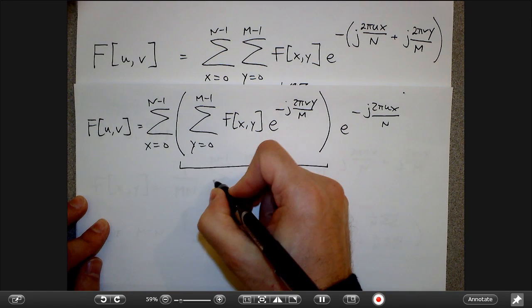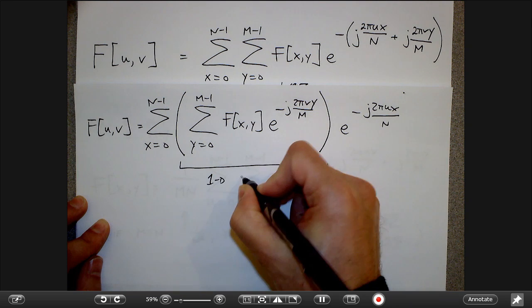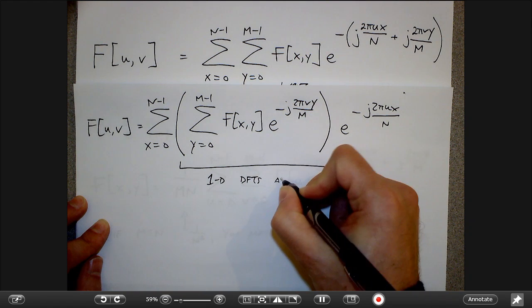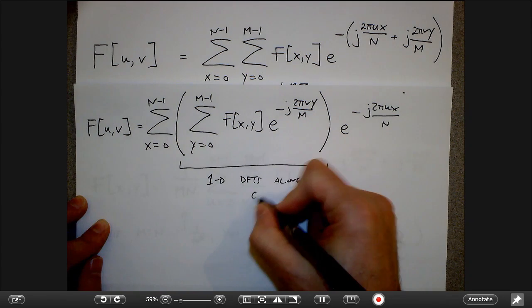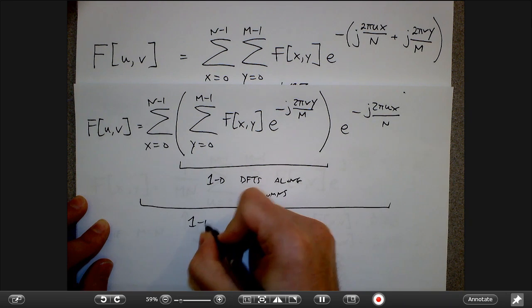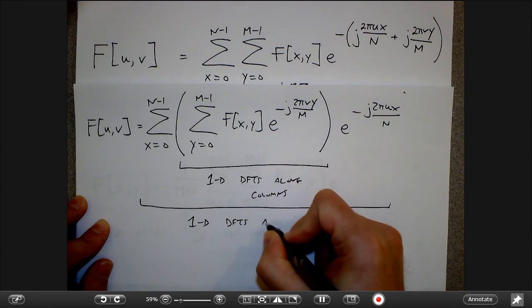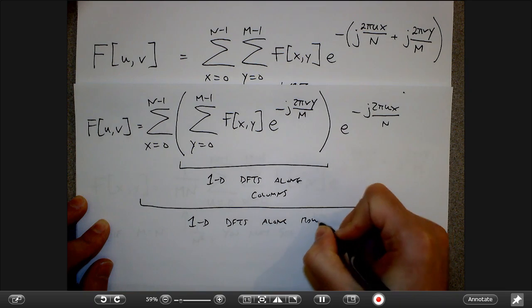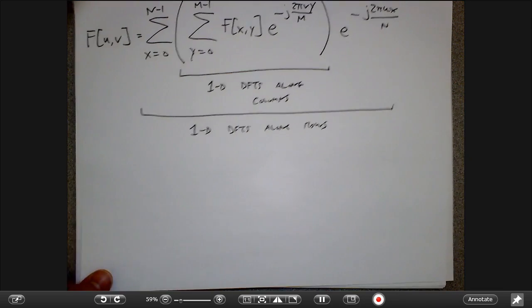So basically, this is like one-dimensional DFTs along the y direction, so along the columns, and then these would be like one-dimensional DFTs along the rows.